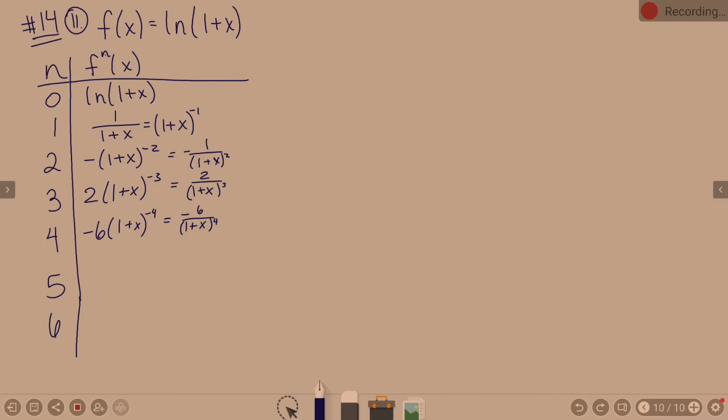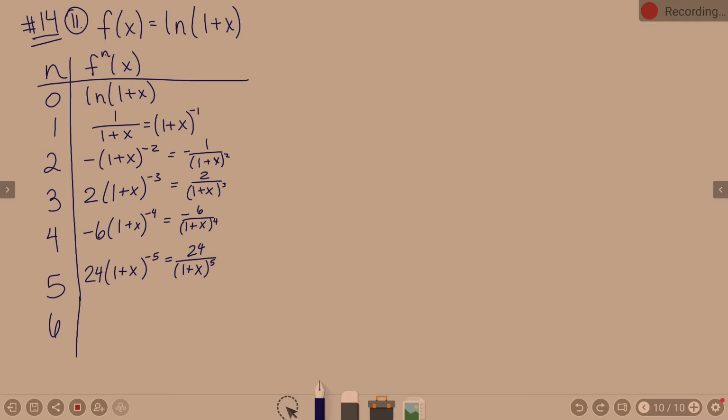We keep going, the fifth derivative. Multiply negative 4 out front. Negative 4 times negative 6 is 24, 1 plus x to the, subtract 1 from the power, negative 5th. As a fraction, it's 24 over 1 plus x to the 5th.